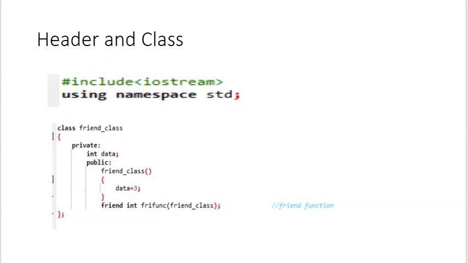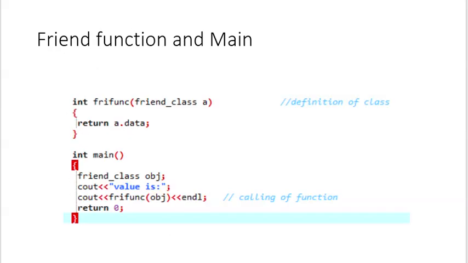Then I will show you how you define it. Just simply use the return type, then the name of the friend function. With the friend function I declare a variable a, and then I connect it with the data.